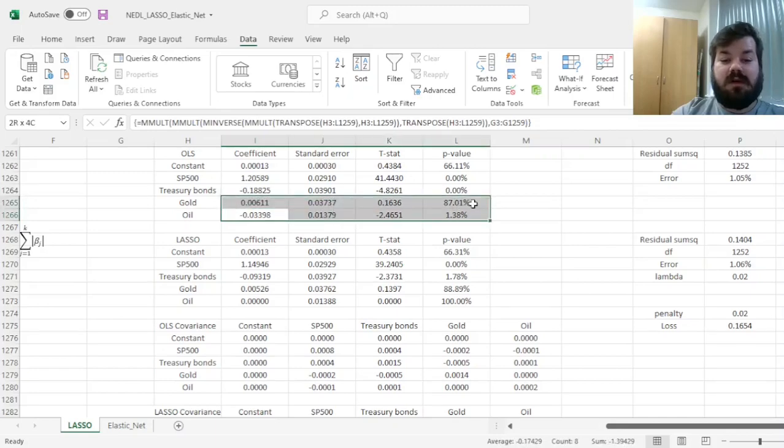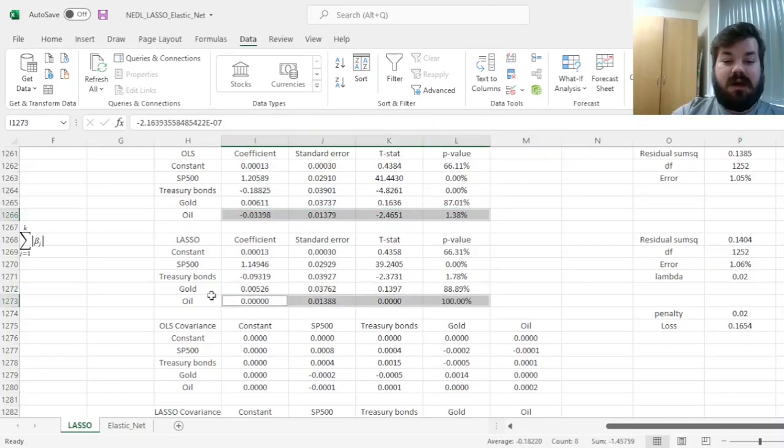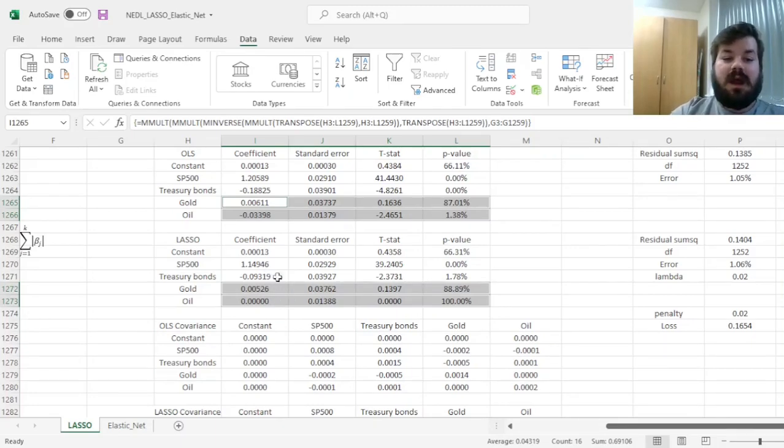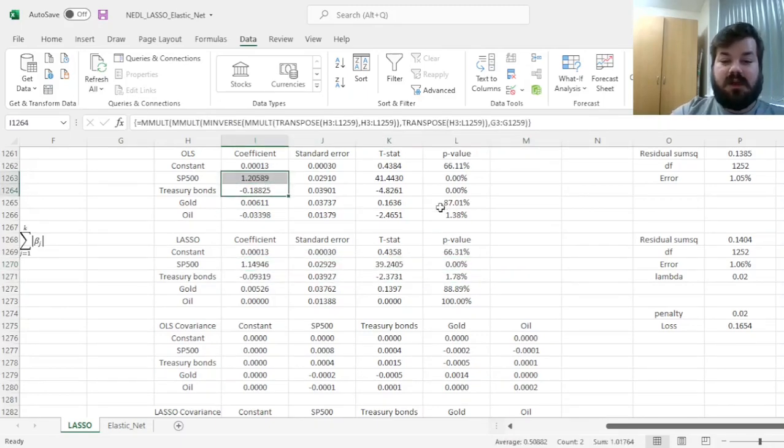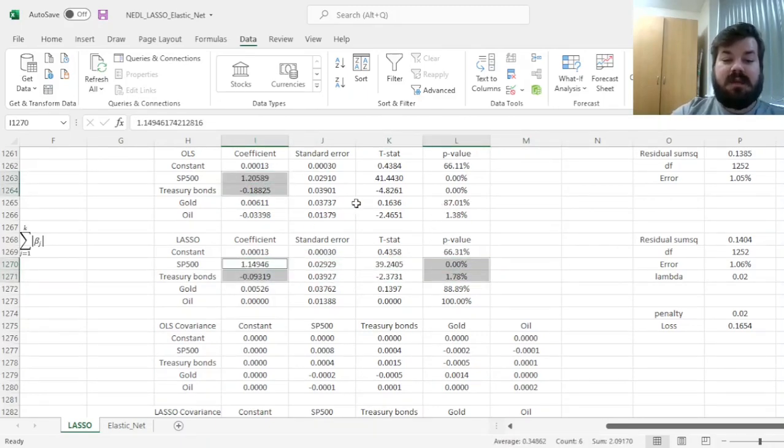We have got our oil exposure set to 0, our gold exposure is shrunk somewhat, whereas our treasury bond and S&P 500 coefficients are both reduced, however they remain significant, meaning that among those 4 factors, S&P 500 and treasury bonds are perhaps the most substantial in shaping BlackRock returns.